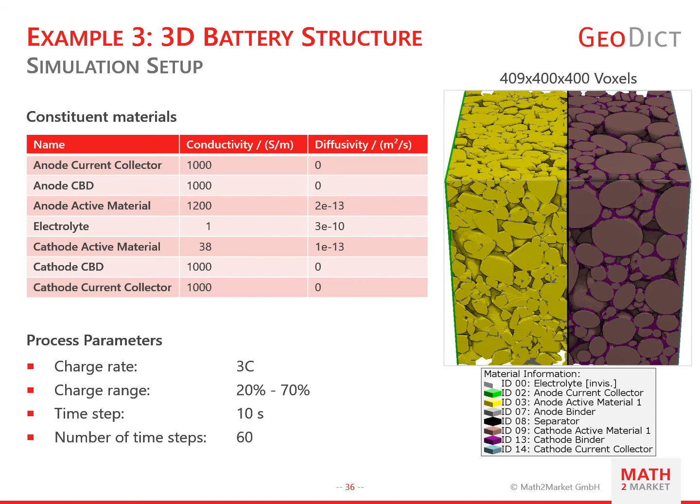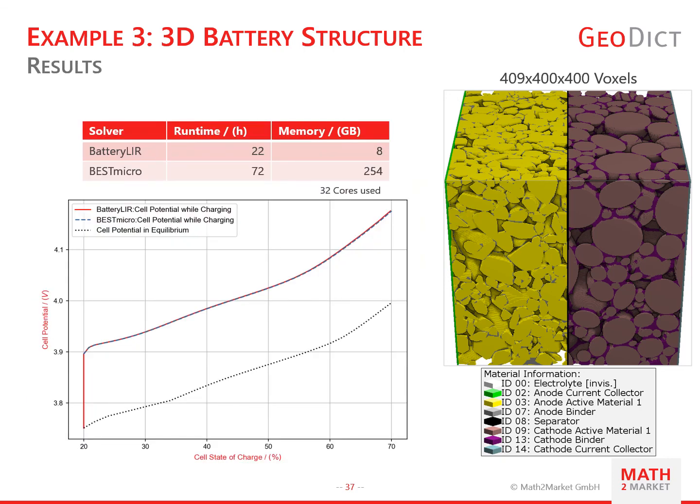In our last benchmark case, we used a large 3D battery structure and we loaded with 3C from 20 to 70%. The conductivities and diffusivities are slightly different compared to the other examples. Here, the structure has a size of 409 × 400 × 400 voxels.